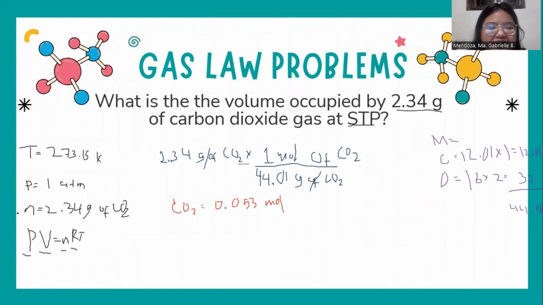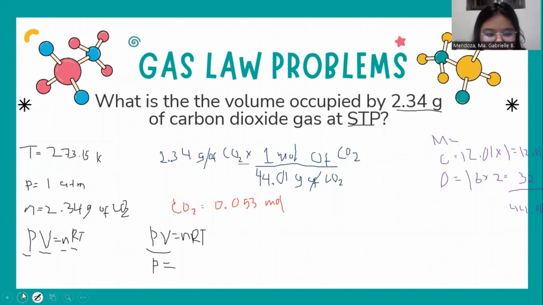Since this is the ideal gas law formula, and the problem asks what is the volume occupied by 2.34 grams of carbon dioxide gas at STP, what we're looking for is volume. Therefore, PV equals nRT. Divide both sides by P, because volume is what we're looking for.